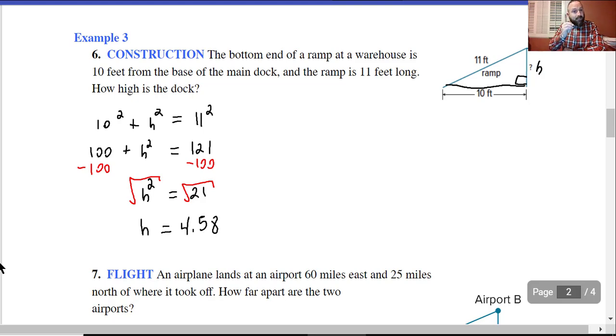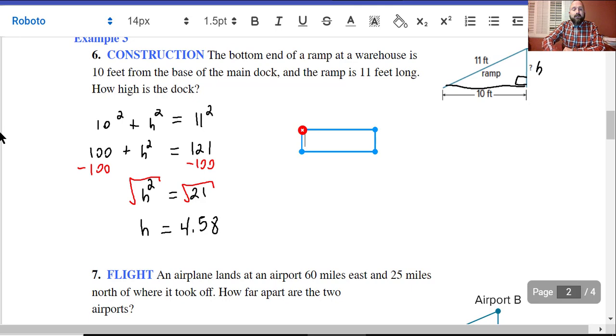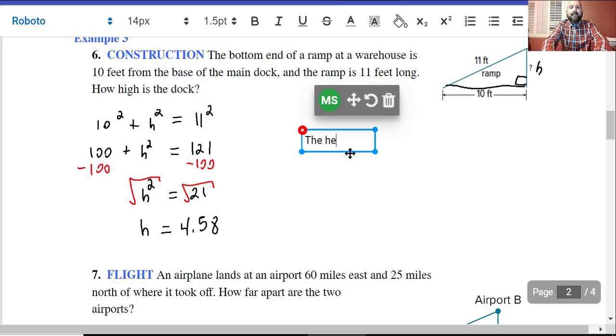So we go back and we need to write down the actual answer. The height of the dock is 4.58 feet tall.